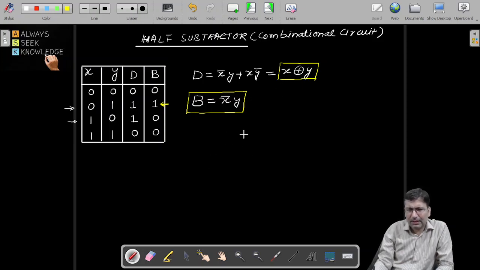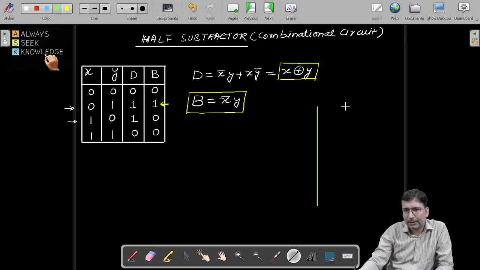Now to draw the circuit, it is very easy to draw the circuit for difference and borrow. So let's draw it. Let's say we are having x and y two inputs. So this is x input, and this is y.